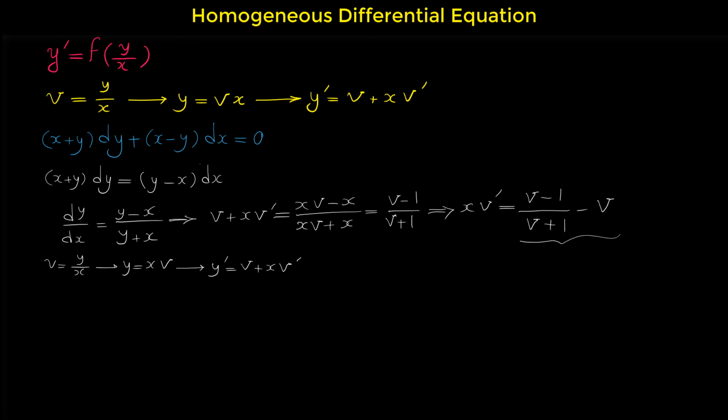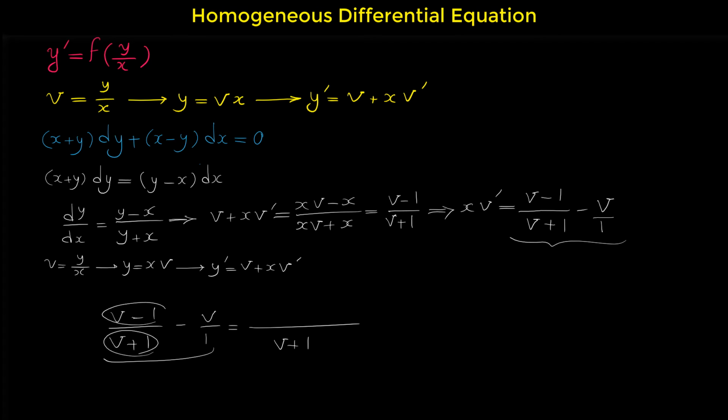Now here, if we do a common denominator, the denominator of v is 1. Let me show you how we can get the common denominator here. It's clear that the common denominator is v plus 1. We write the numerator here, and now we have to multiply this by this. V times v is v squared, but don't forget you have to put a negative here, and v times 1 is negative v.